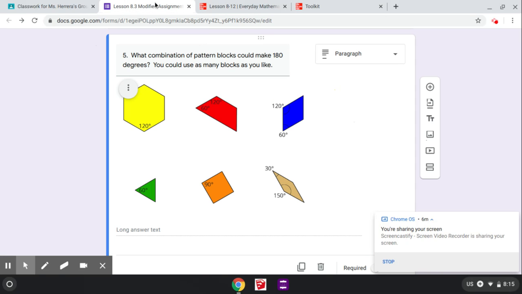Okay. What else could you have done? You could have done, look, a square plus the large rhombus plus the small rhombus, because that's 90 plus 60 is 150, and 150 plus 30 equals 180. Okay. You could have also done the trapezoid with the large rhombus, because look, this angle over here measures 120 plus this 60 is 180.